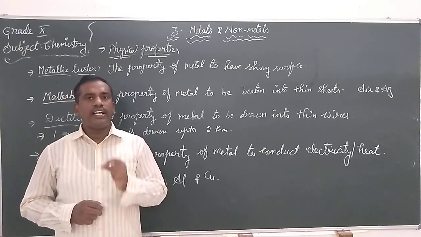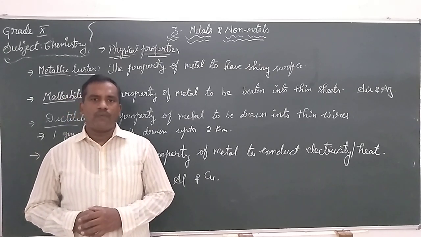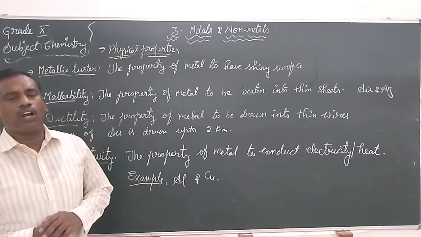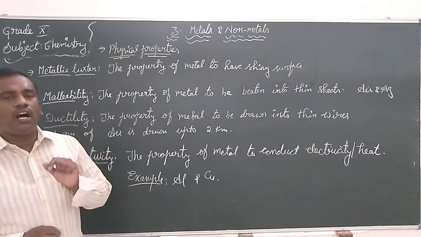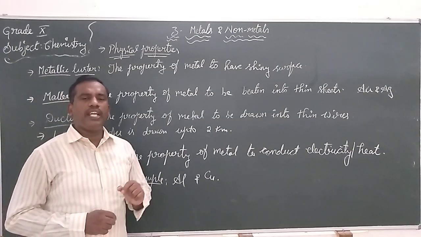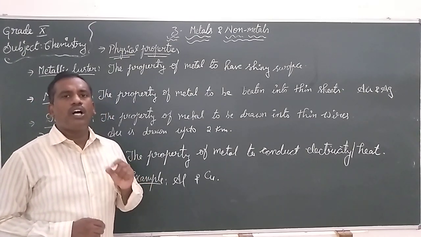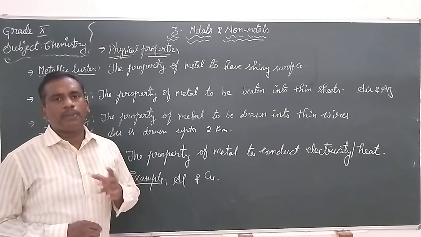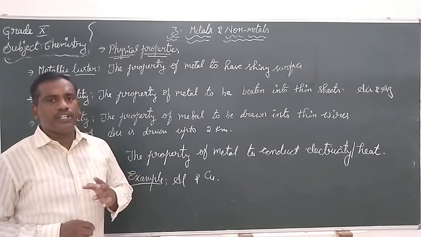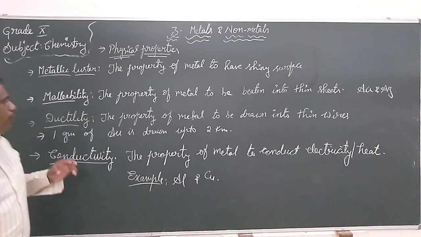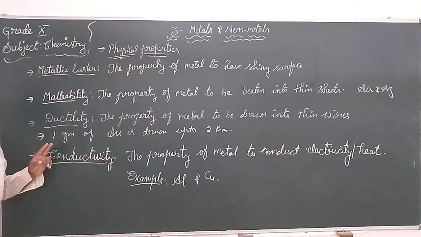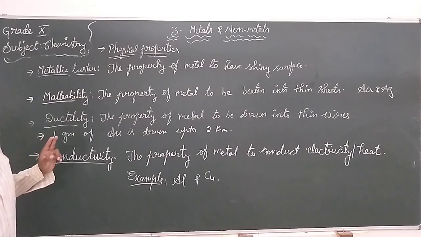How do we get that thin metal wire? What is its property called? The property of a metal to be drawn into thin wire we call ductility. What is ductility?